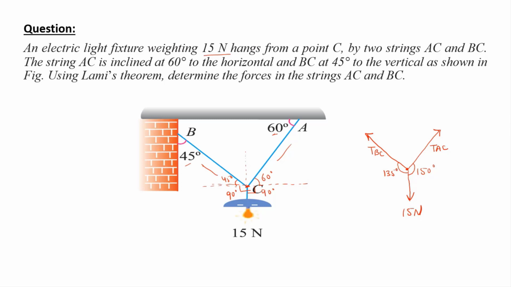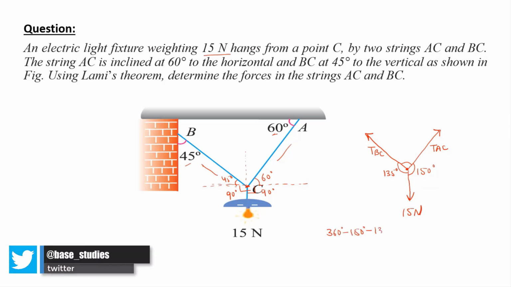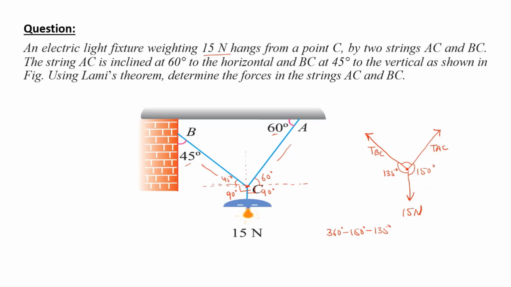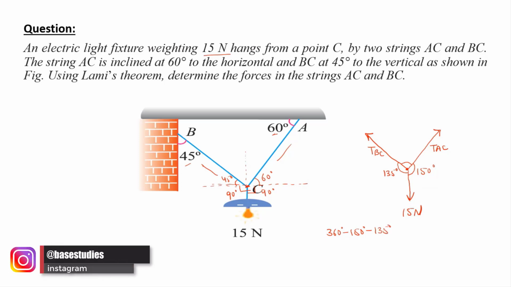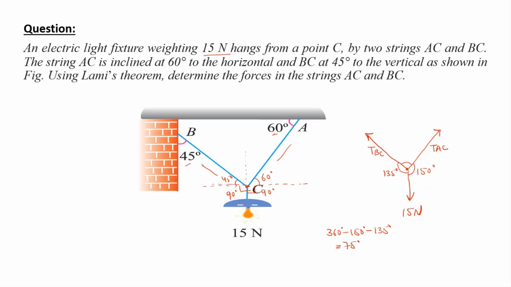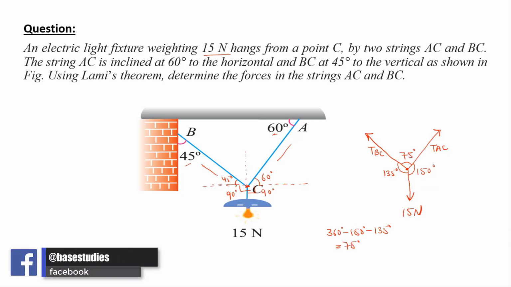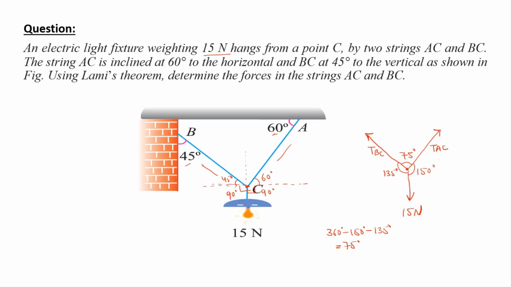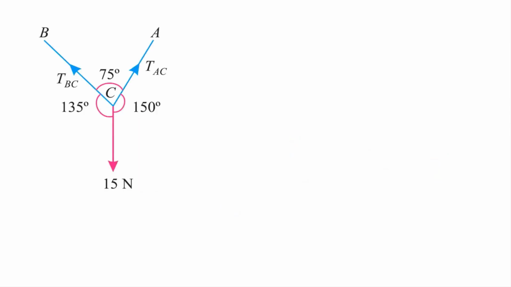Now the remaining angle between TBC and TAC will be given by 360 degree minus 150 degree minus 135 degree, which comes to be 75 degree. So here we have the free body diagram of this electric fixture, and we have calculated the angle between all the forces, just like in this figure.